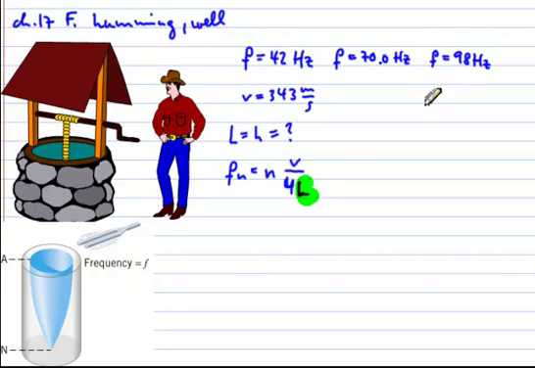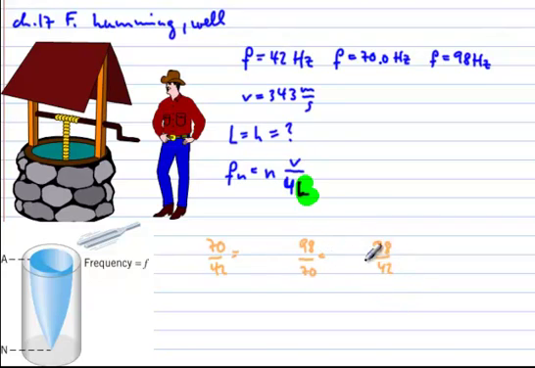We can establish three different ratios: a ratio between the 70 and the 42, between the 98 and the 70, and between the 98 and 42.